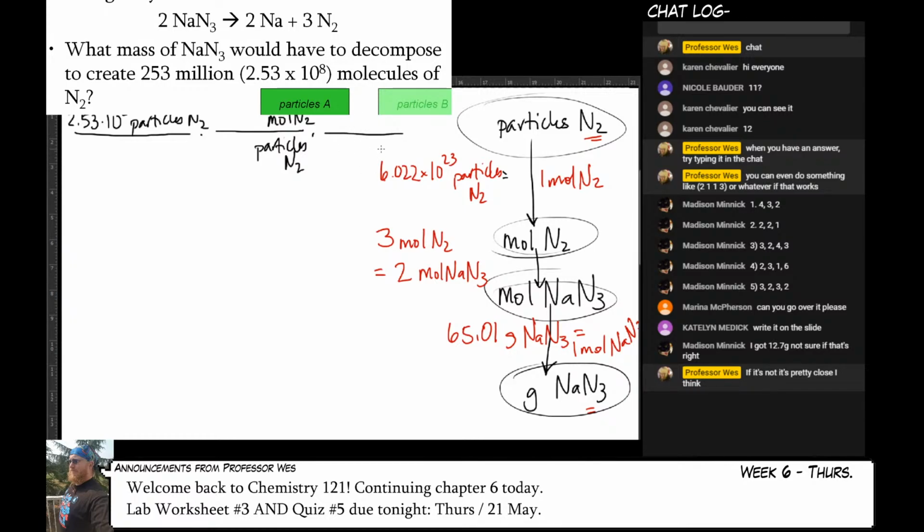Moles of N2, moles NaN3. I'm going to move this down here. And we'll cancel moles of NaN3 on the bottom, and grams of NaN3 on the top.